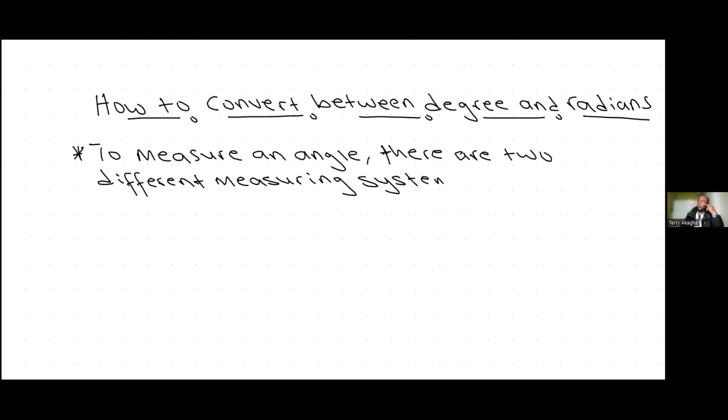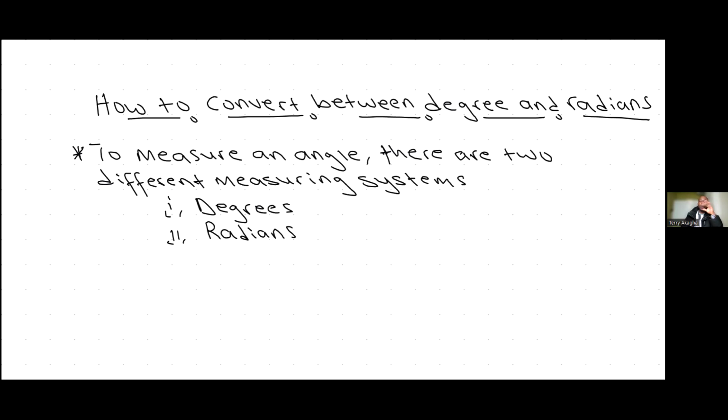The first one is what we call the degrees, and the second one is the radians. All right. So we're going to be looking at how do we convert between degrees and radian.